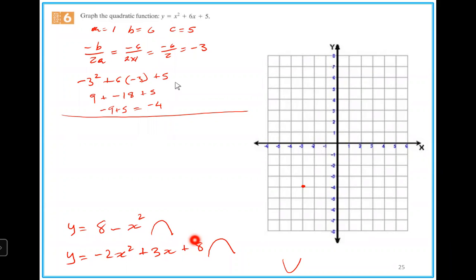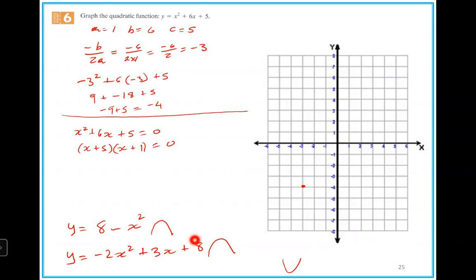So you'll do x squared plus 6x plus 5. Then you will have x plus 5 in brackets and x plus 1 in brackets, equals 0.